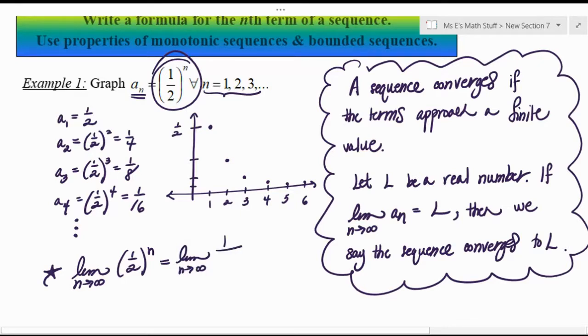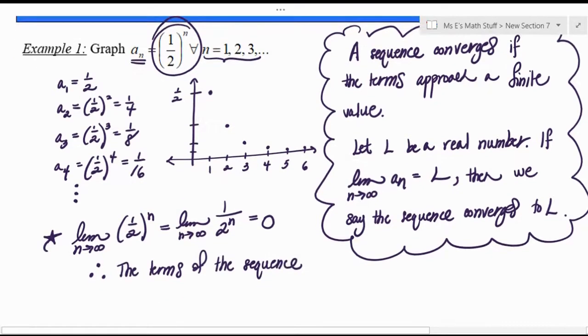So 1 to the n is 1, and then 2 to the n. It's pretty clear that your bottom number approaches infinity, and so you'd end up with 0. And so we would conclude that the terms of the sequence converge to 0.